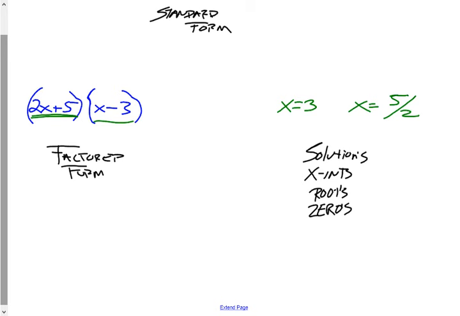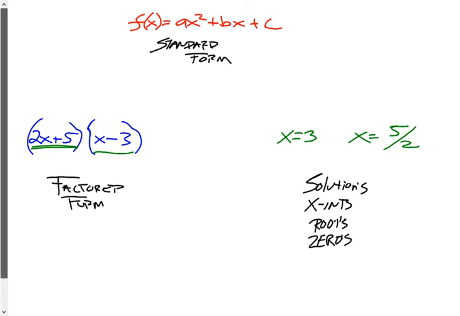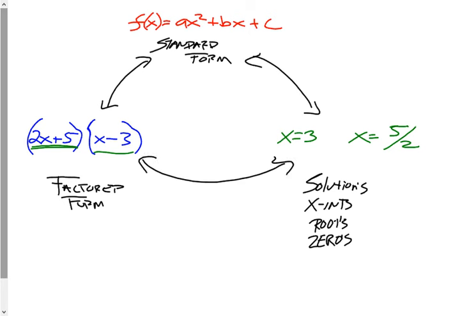Now, your job from pretty much here on out, guys, is to be able to go in any direction. And in Algebra 1, you can. You can go completely around that circle no matter what portion of this I give you. And this is what we've been working on for the last month, really, is being able to do this circle and work our way around.